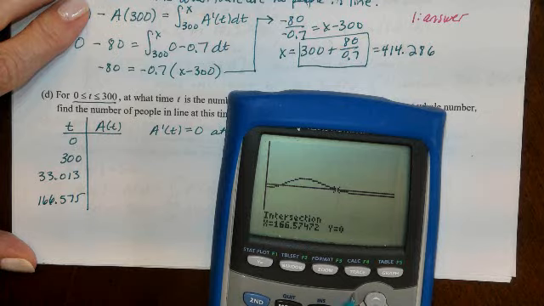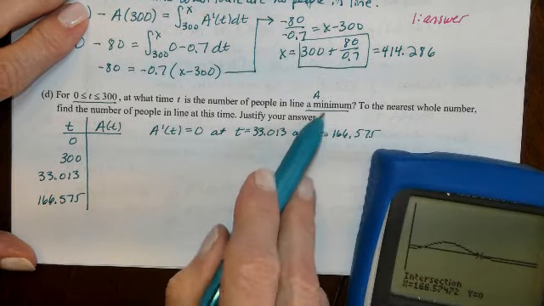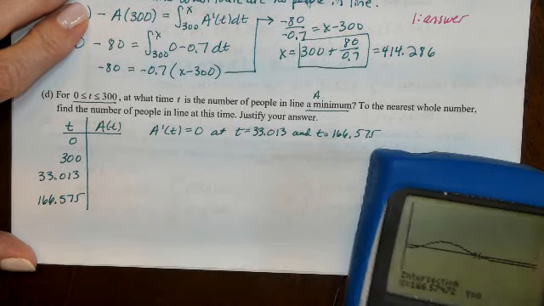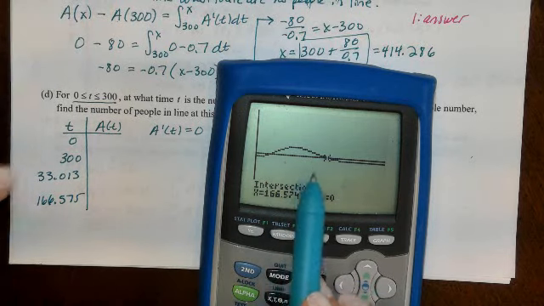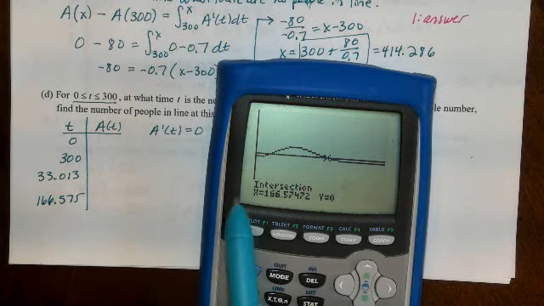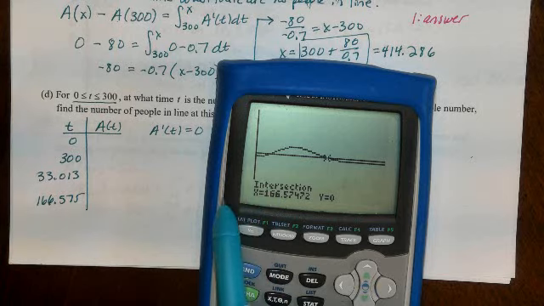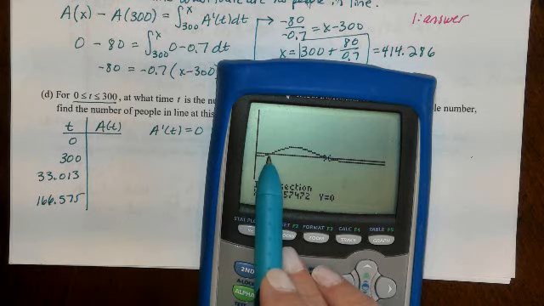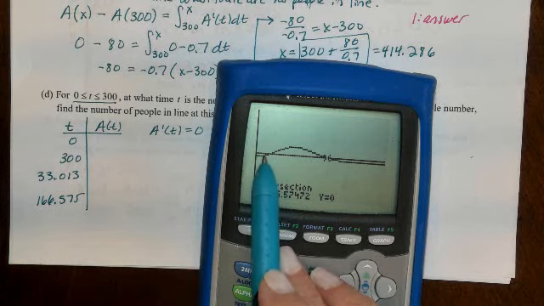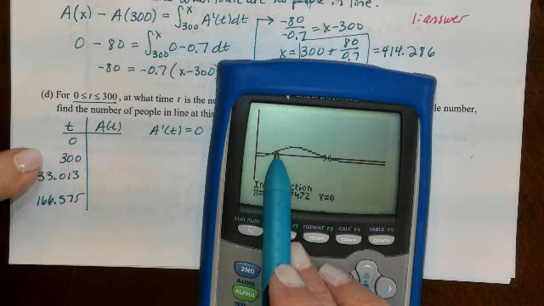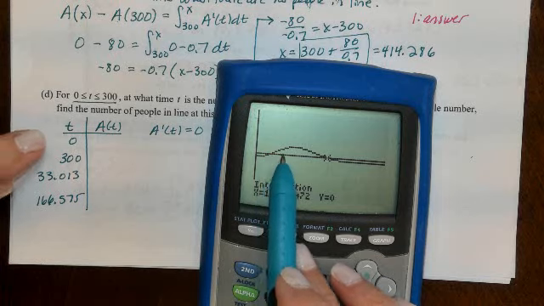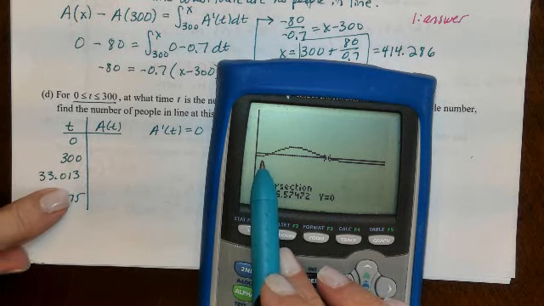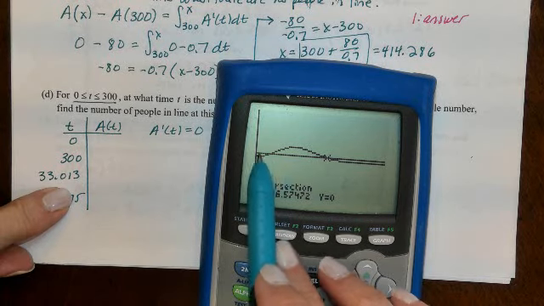Okay, before I leave my graph though, let's take a look. This is A prime, right? We're looking for a minimum. I know that A will have a minimum when A prime goes from negative to positive. This time value here is where A prime goes from negative to positive. So that's going to be a relative min, so it possibly is an absolute min.